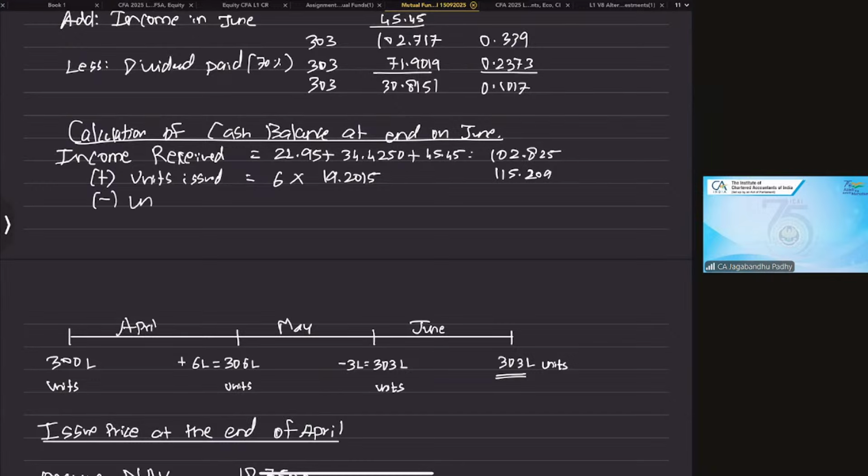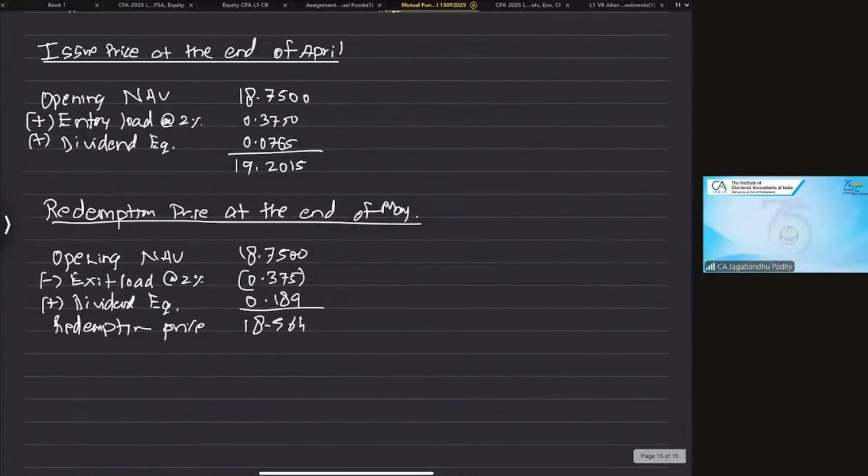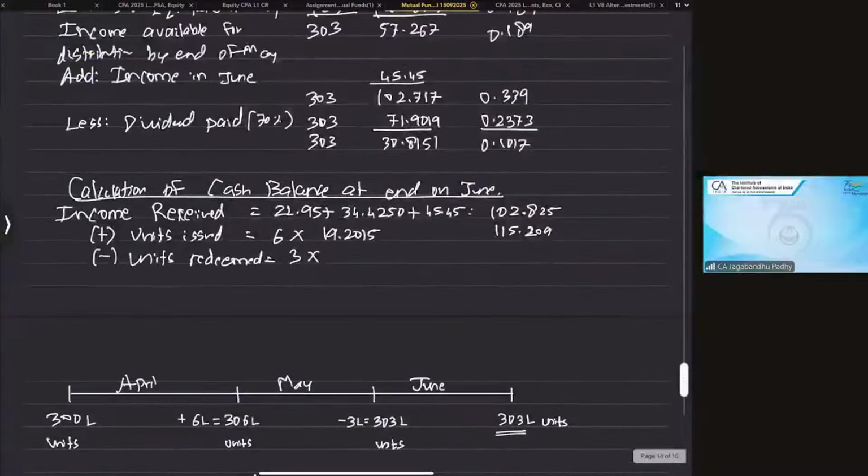Then less units redeemed. 3 lakh units were redeemed at a price of 18.564. So 3 lakh into 18.564. How much is this? 55.692.